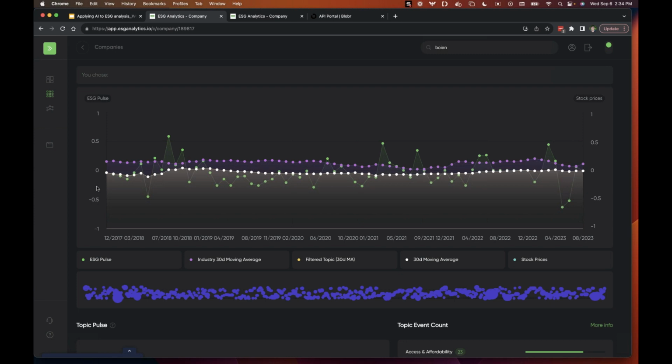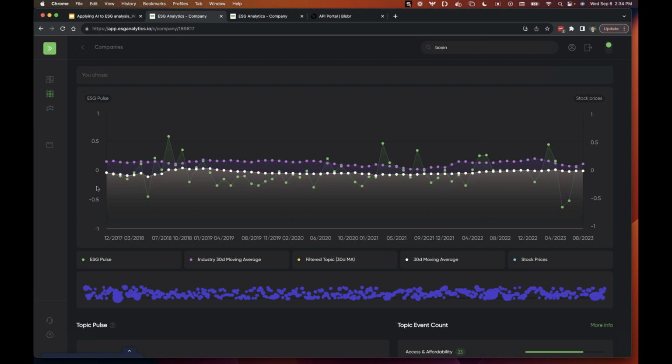You can see that this is a little bit more volatile because we're looking at unstructured text like news and media and PR, which typically follows news cycles or different controversies or media that exists. So what we like to do is smooth that out with a 30-day moving average, which is the white line. That will help you understand a more normalized version of where that company stands.